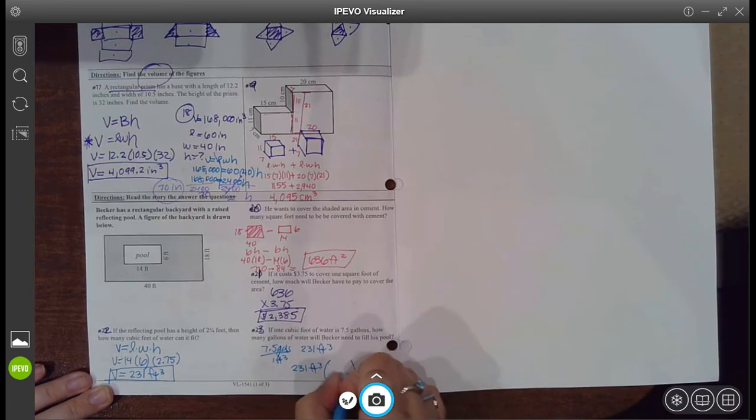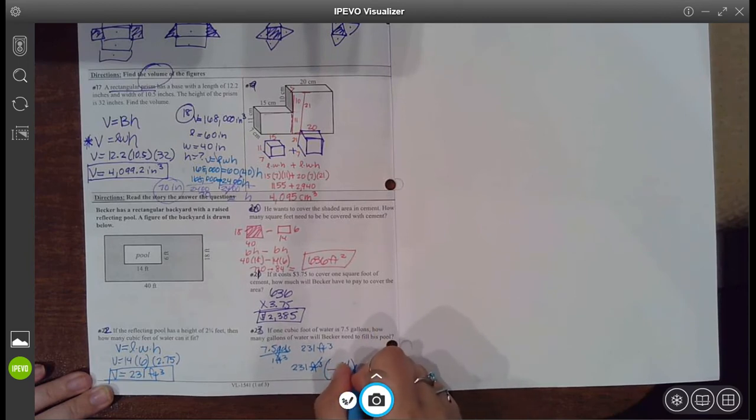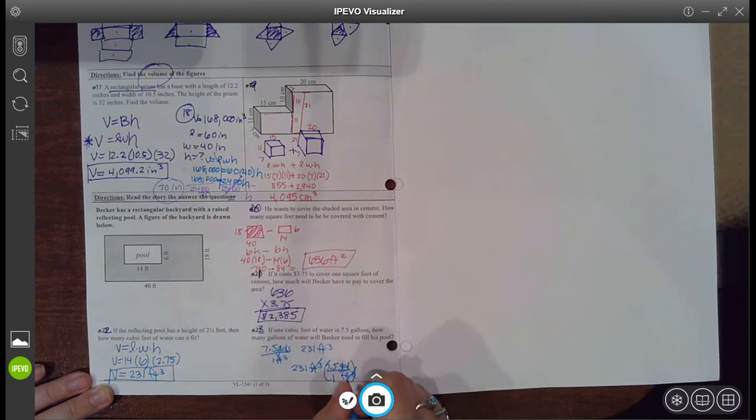And then I use my one that has 2 units with it, so gallons and feet, to help me convert it. I want the like things to go across from each other diagonally. So I'm going to put the feet cubed across from each other so that they cancel out. And feet cubed goes with gallons. And it said 7.5 gallons per 1 cubic foot.